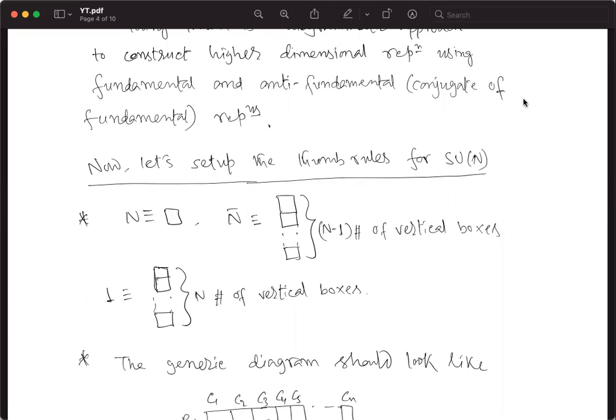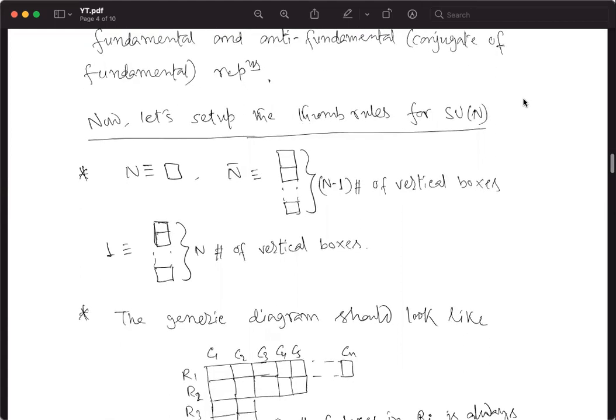What I want to emphasize first is that before going into a specific example, let me give you the generic rules, which if you can remember and follow, then you should be able to construct and evaluate any Young diagram for SU(N). Of course, these are applicable for other groups like special orthogonal groups and so on, but that's beyond the scope of this particular course.